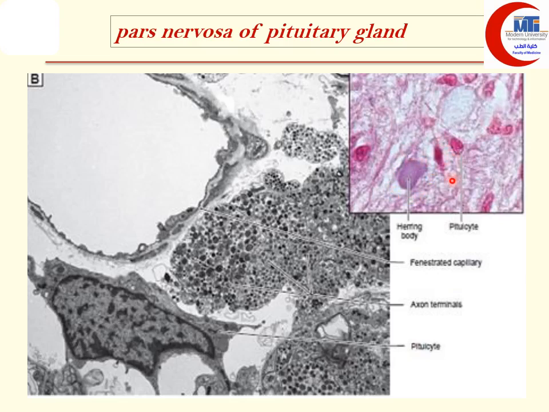And these branched, nucleated cells are the pituicytes or neuroglial cells of the pars nervosa.